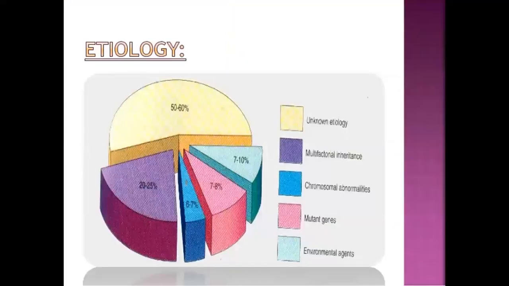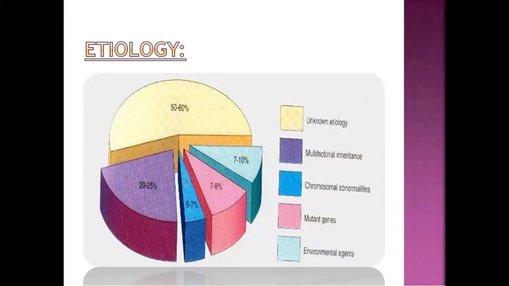Etiology: quite a number of these congenital abnormalities are of unknown origin. More than half of these abnormalities have no known etiology. Multifactorial factors come into play, which means not just one or two factors, and that represents the second group of congenital abnormalities, about a quarter of the incidence.